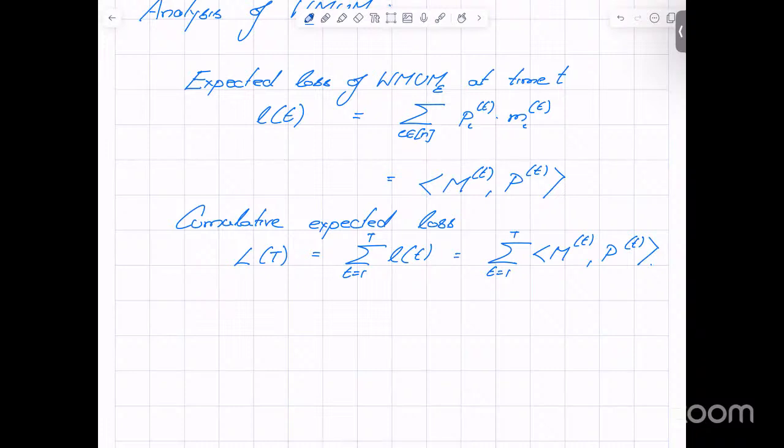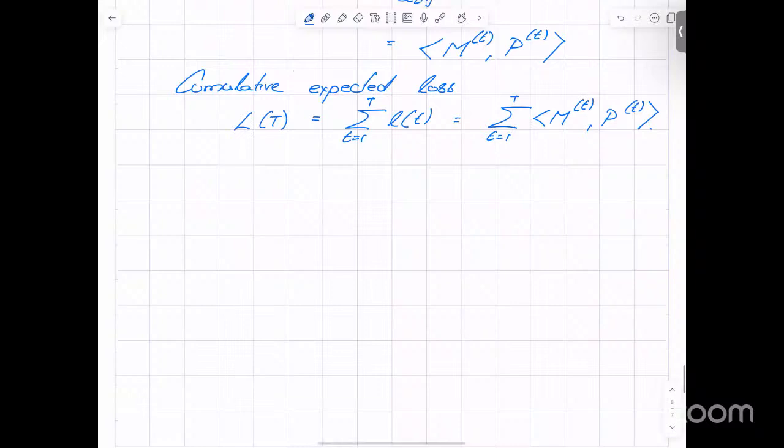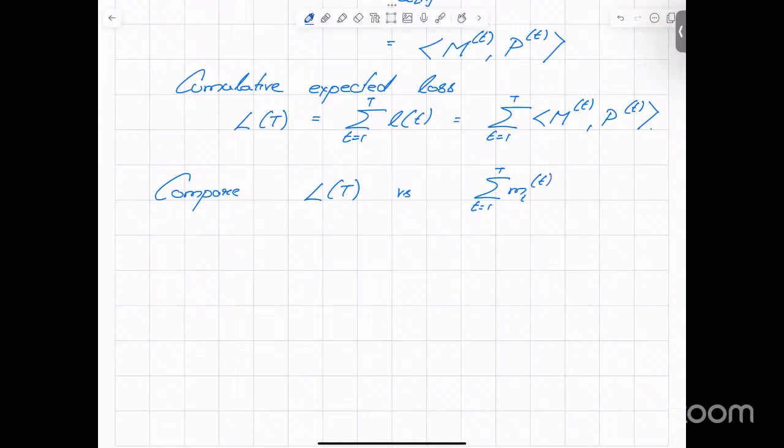Okay. As before, what we want to compare is L of T versus the summation over t going from 1 to T of m_i^t, in particular the minimum of this overall. That's the loss of any expert i, and so it's the best expert doing it.